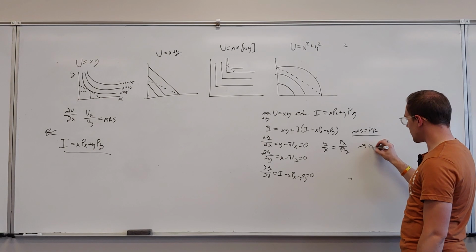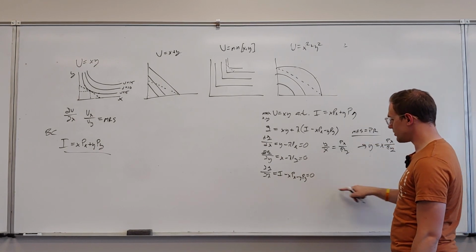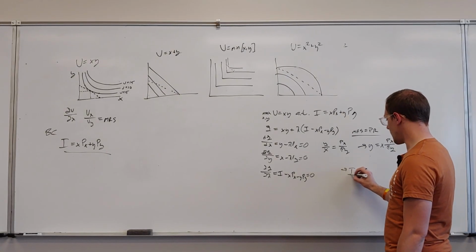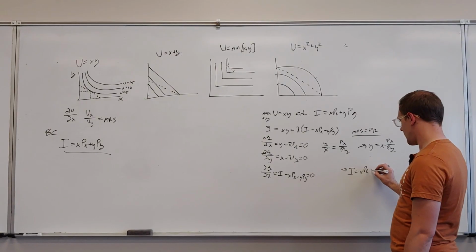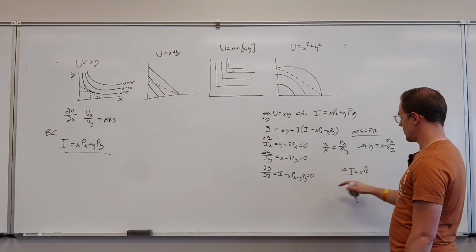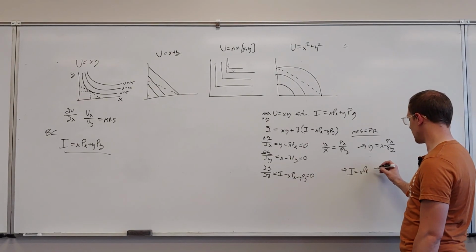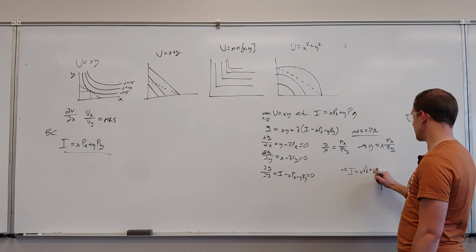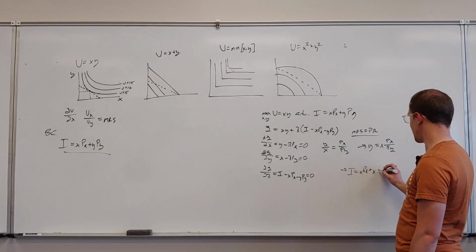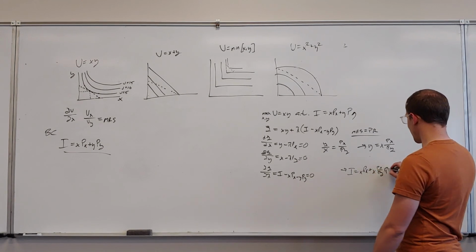So we can continue this problem. We can solve for y. That's going to be x px over py. And we'll plug this into this bottom function right here and get I equals x px plus x px over py times py.